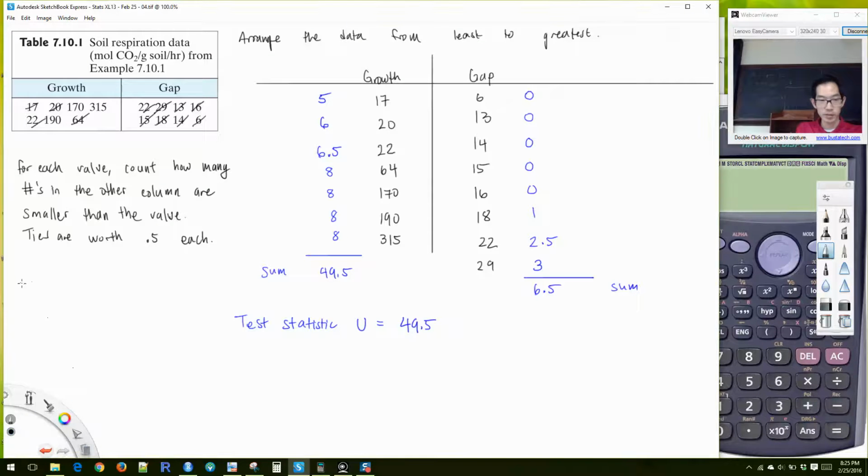So add up these values, and then the larger value is the test statistic.